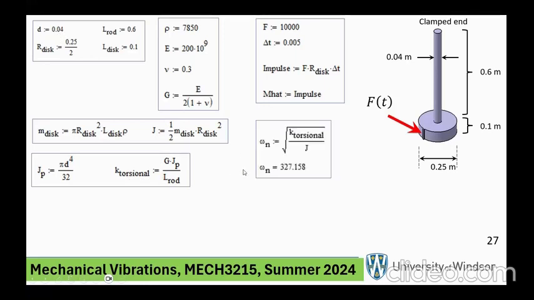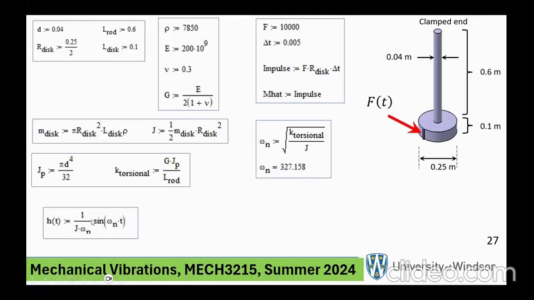Okay. Find the natural frequency now. K torsional over J. Usually it's K over M, but this is a torsional system, so it's square root of K over J, and this comes out to be 327 rad per second. And then we just stick it into the formula for H of t.